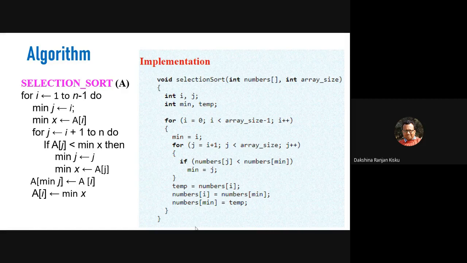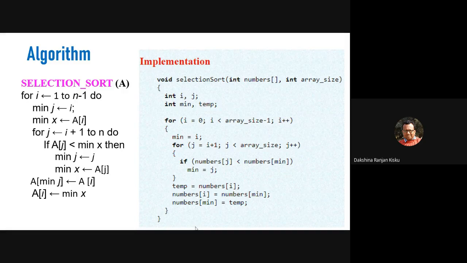Okay, so aj less than minimum x will be executed the same number of times for each and every case. That means for every element, this comparison operation will be the same.